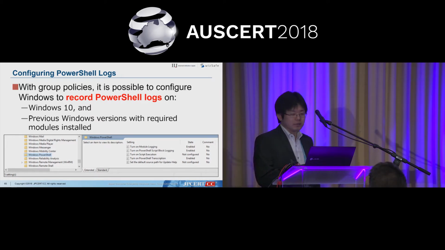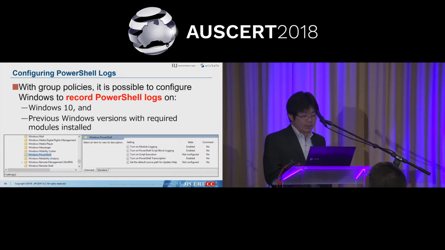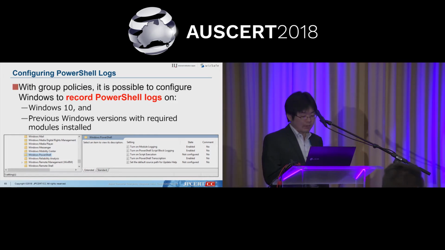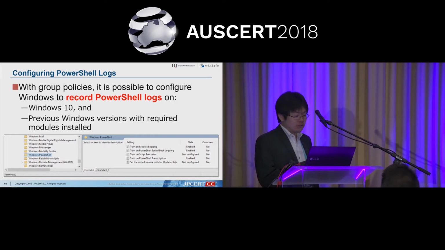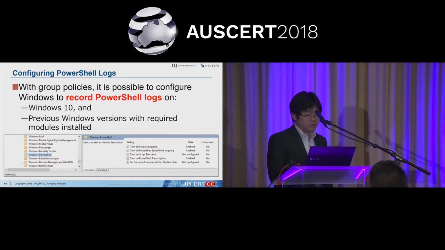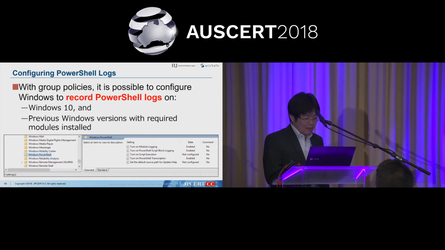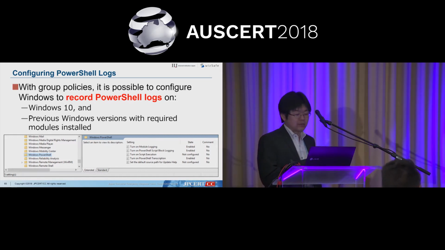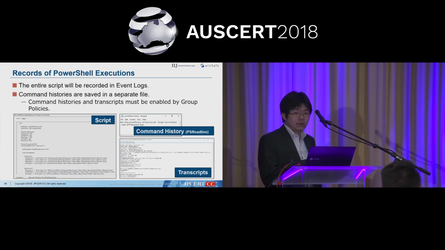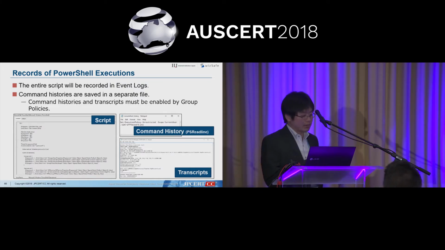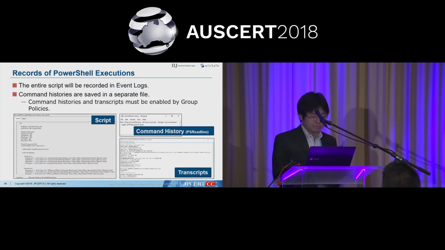If we configure the group policies, it is possible to configure Windows to record PowerShell logs. It's available on Windows 10 by default, and if it's an older version of Windows, you have to install additional modules for this. If we enable the logs for PowerShell, we get the entire script recorded in an event log, and also the command histories recorded as a separate text file.